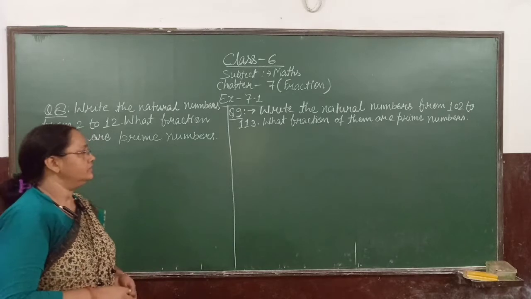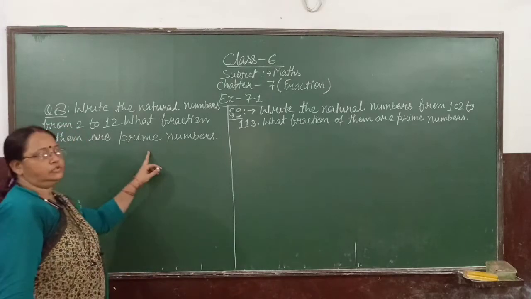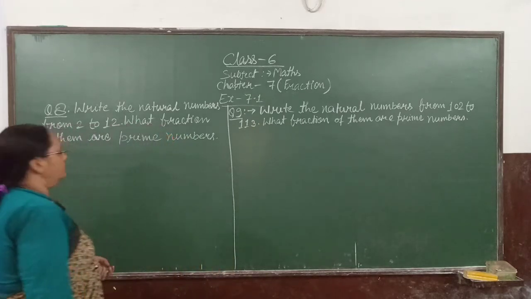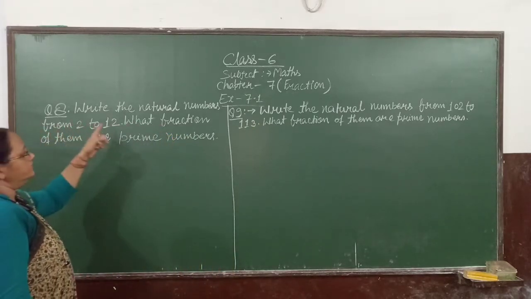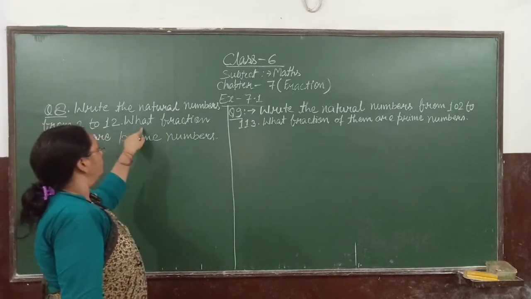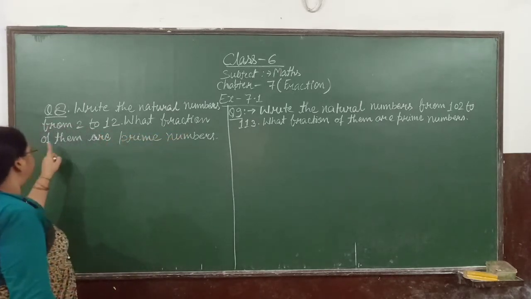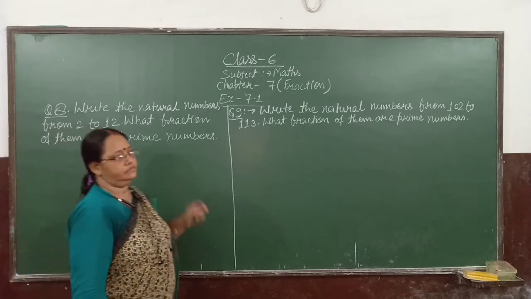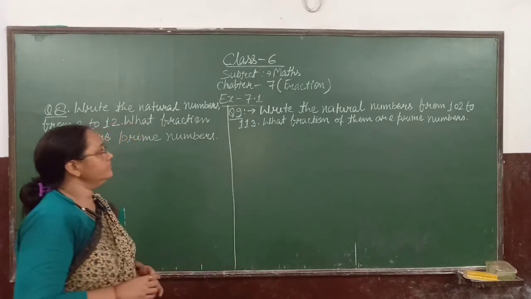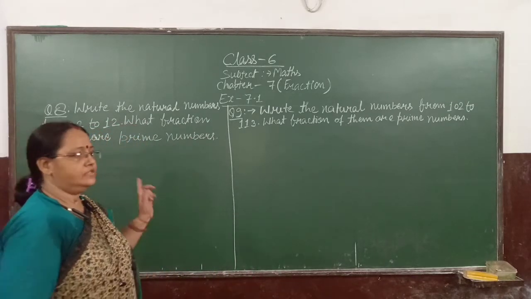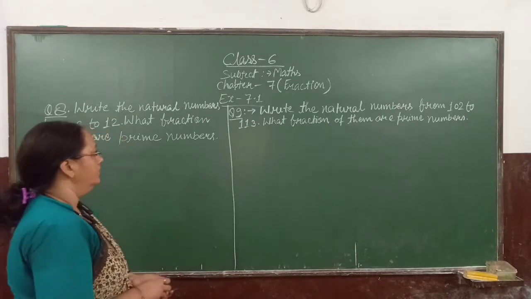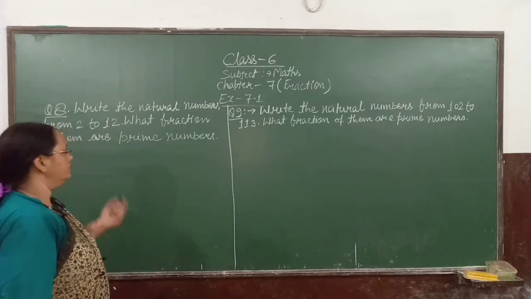Students, let's solve more questions on exercise 7.1. Question number 8: write the natural numbers from 2 to 12. What fraction of them are prime numbers? Students, this question is based on your previous topic and present topic, so this is an important question.